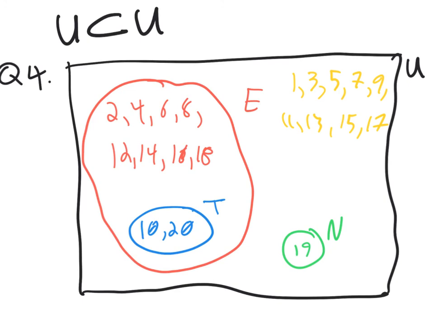You may note that this diagram is not to scale. And that's okay. When we're dealing with Venn diagrams, they do not have to be drawn to scale. What is important is that we accurately record the relationship between all of these sets and all of these elements. That is what a Venn diagram is for.